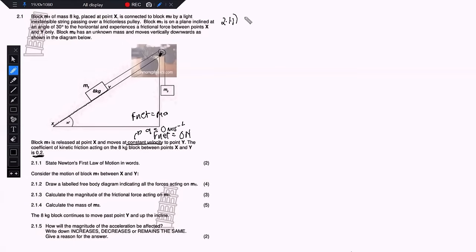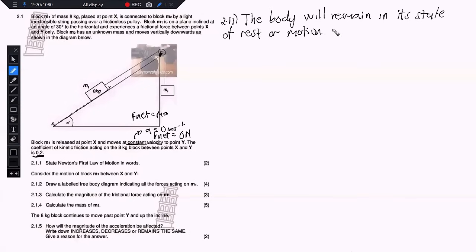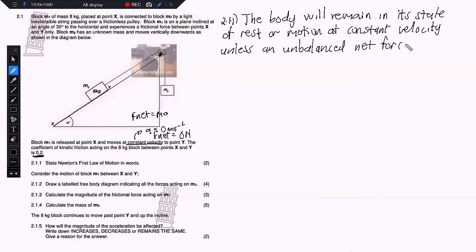We know that our definitions should always be 2 marks to us. So the law states that the body will remain in its state of rest or motion at constant velocity unless an unbalanced net force acts on it, right?